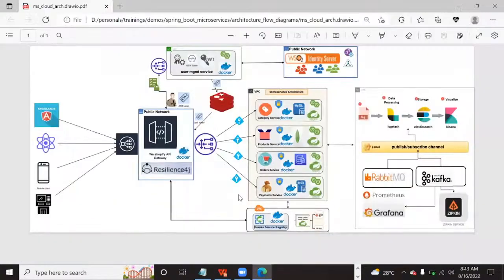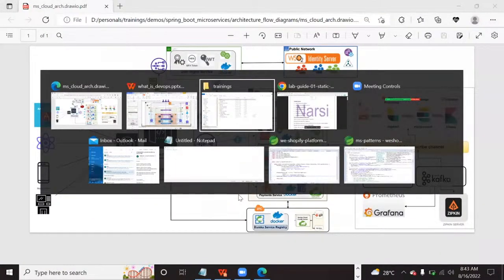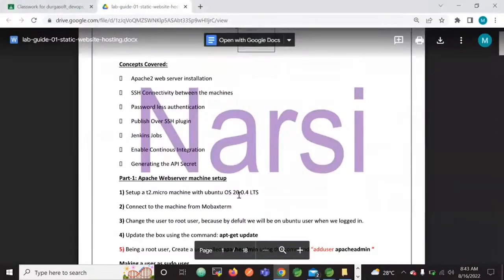Now how will the communication happen? In order to do a communication, there is a concept of service discovery.